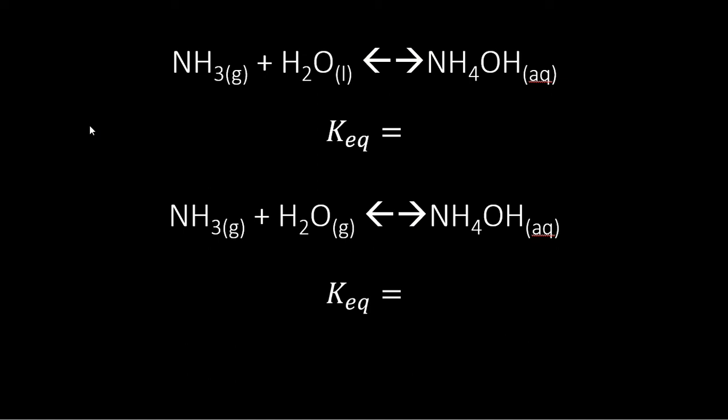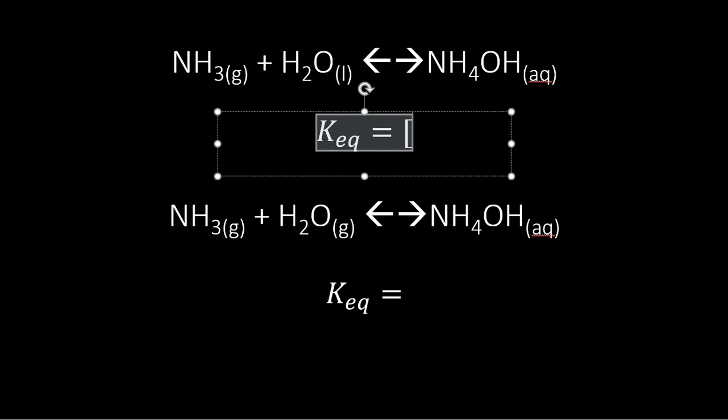Make sure that we're only looking at things that are in the gas, liquid, and aqueous state. But specifically, if it's something that's a solid, we're not going to include it. If it's water that is in the liquid state, we're not going to include it either. So effectively, to write the equilibrium expression, well, here's how.